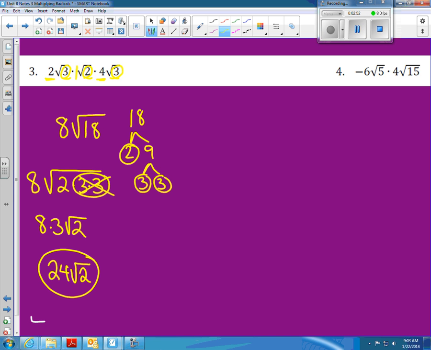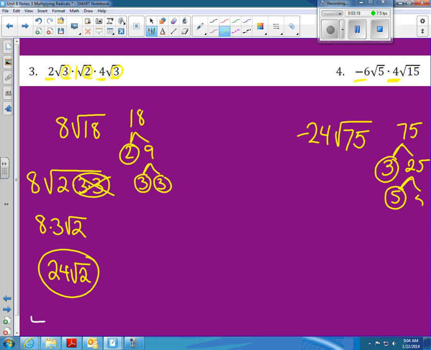Okay, let's go ahead and look at number 4. We're going to take our outsides and multiply them. 6 times 4 is going to give us negative 24. All right, 5 times 15 is going to give us 75. Think of our prime factorization with 75. 3 times 25, and we break that into 5 and 5.